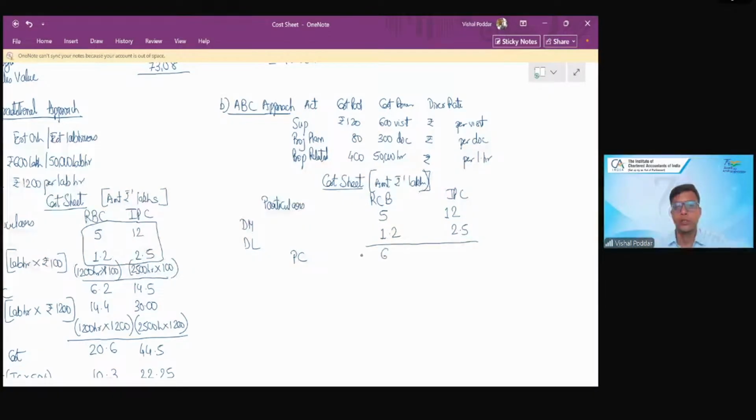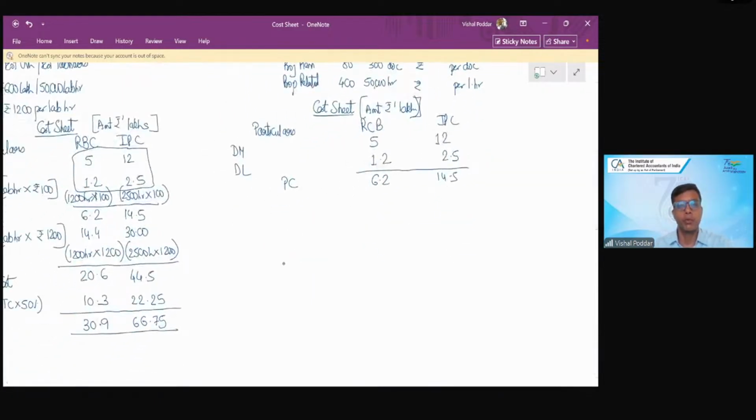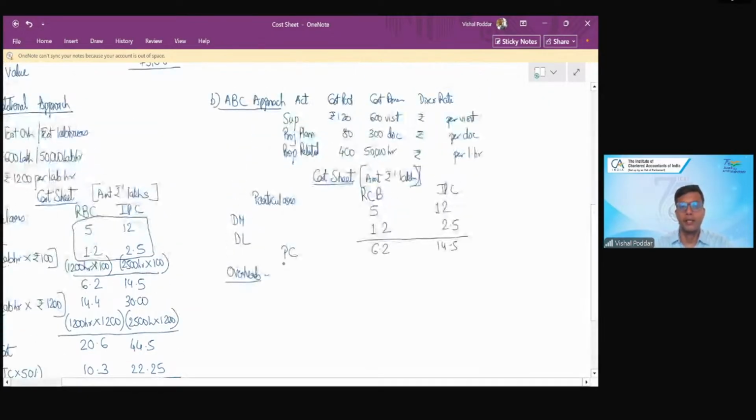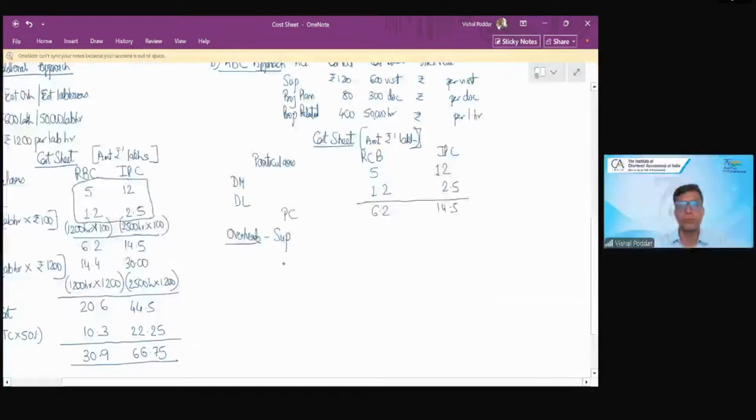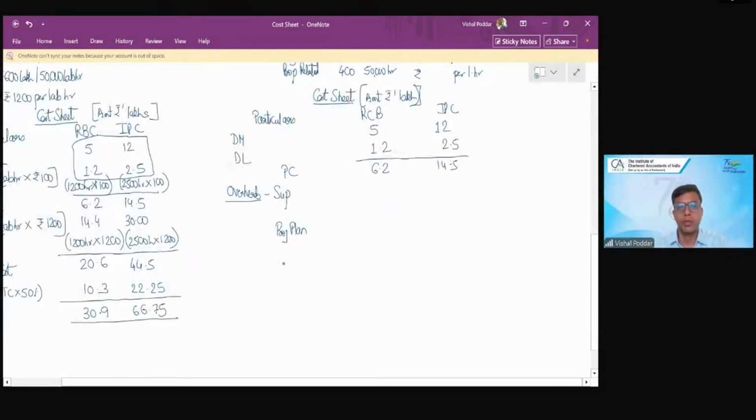So it is same. What only changes is the overheads, that is support cost, which would be charged activity wise. So first is supervision activity, then your project planning activity, and your property related activity.